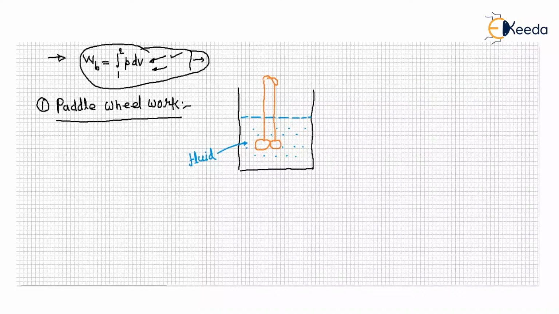And this paddle wheel is rotating with an angular velocity omega. What is this? This is your stirrer, also called a paddle wheel.